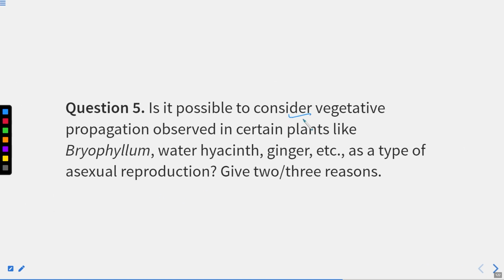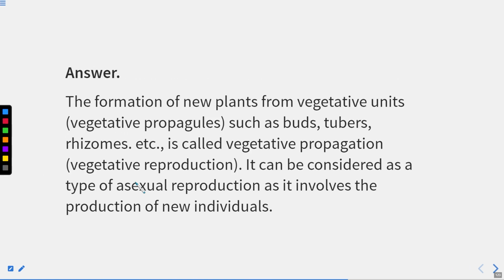Is it possible to consider vegetative propagation observed in certain plants like bryophyllum, water hyacinth, ginger as a type of asexual reproduction? You already know vegetative propagation, or vegetative reproduction, is a type of asexual reproduction. So you have to give reasons why. The formation of new plants from vegetative units, also known as vegetative propagules such as buds, tuber, rhizome, etc., is called vegetative propagation.